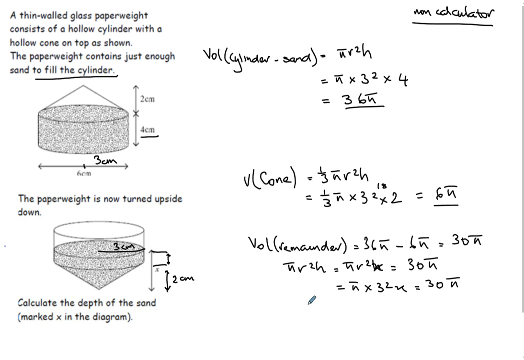We can now remove the pi, so we've got 9x equals 30, and divide by 9, so x equals 30 divided by 9. How many 9s are there in 30? 3. 27, remainder 3, so that's 3/9, which is 1/3. So x is 3 1/3 centimeters.